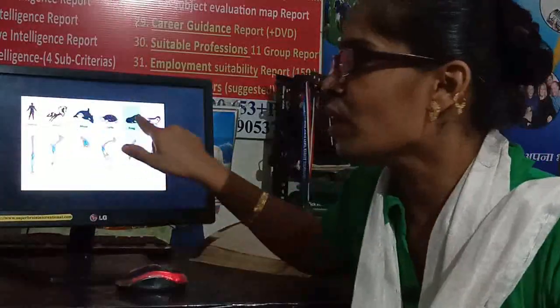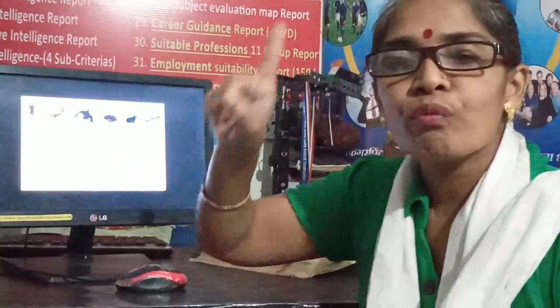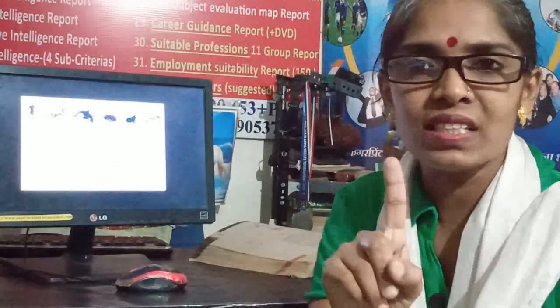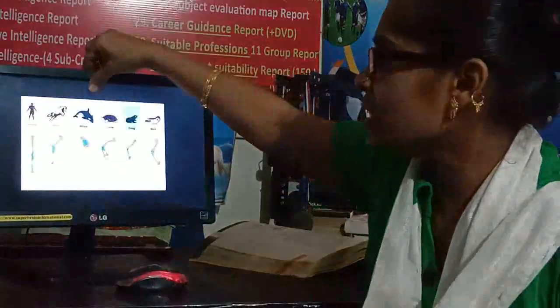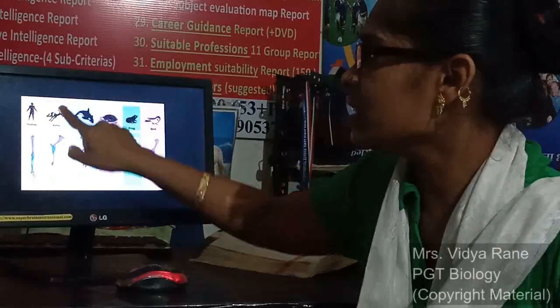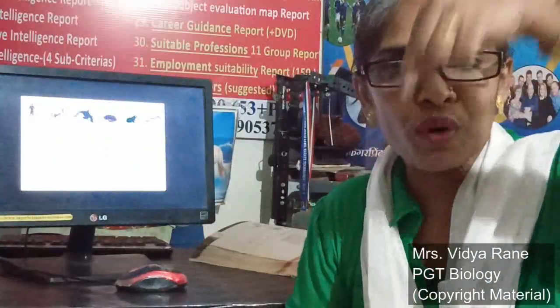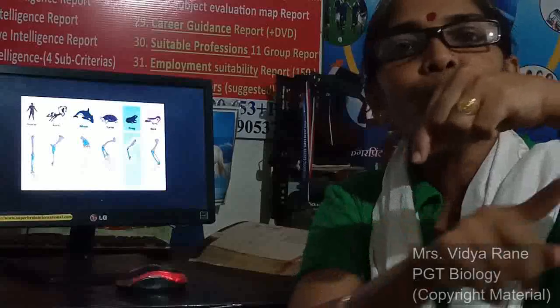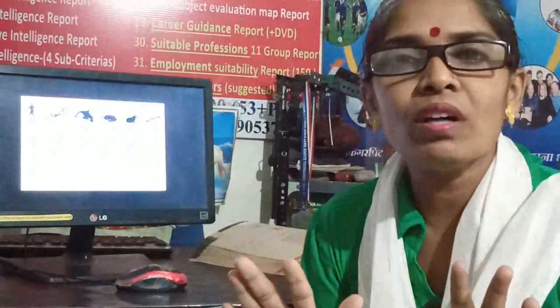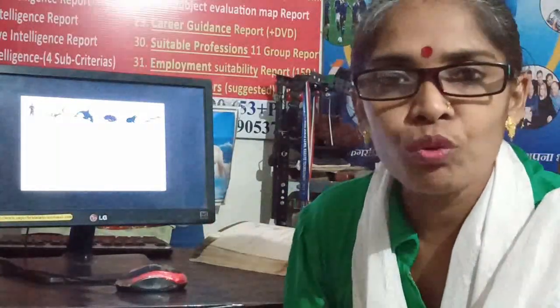So this proves that all these different organisms evolved from one common ancestor. Means here one common ancestor, and from that this is formed. So this is divergent evolution, from one common point to various forms. This is called divergent evolution.